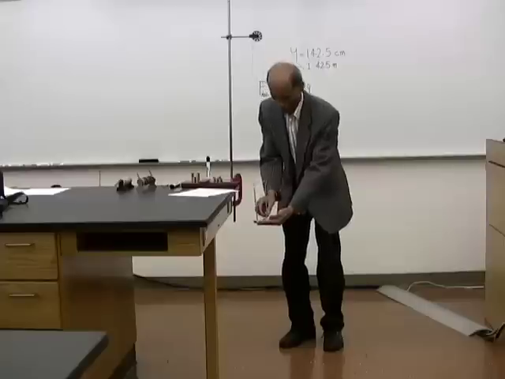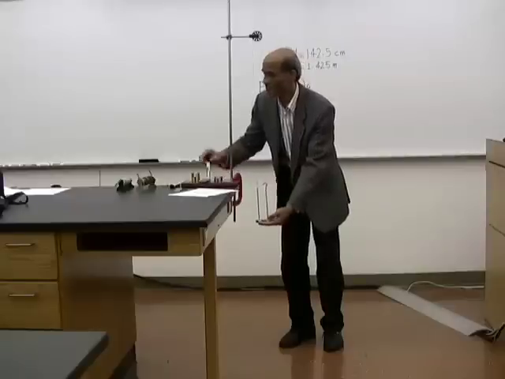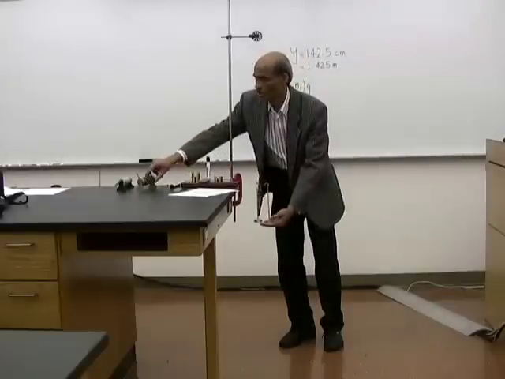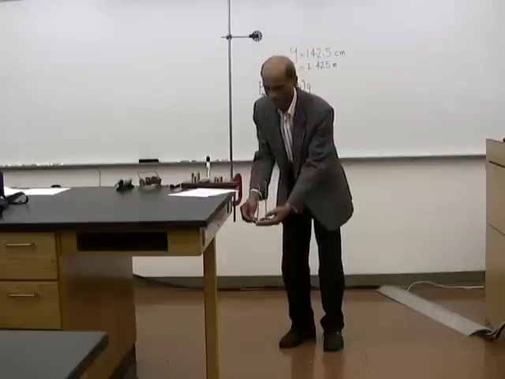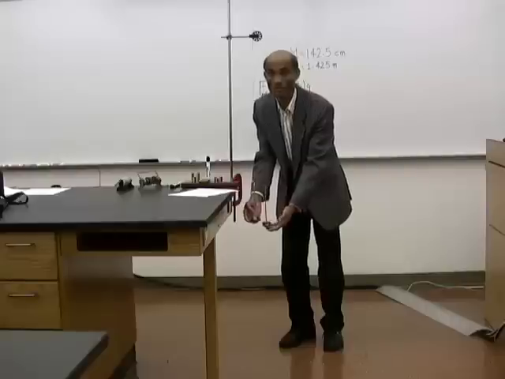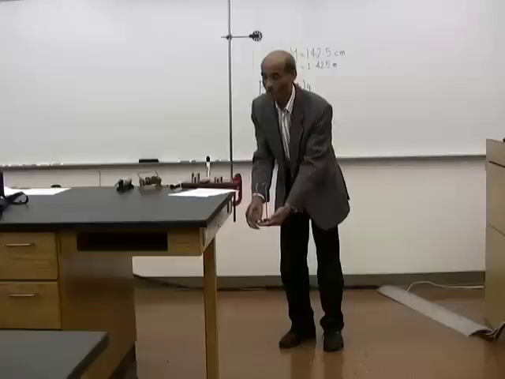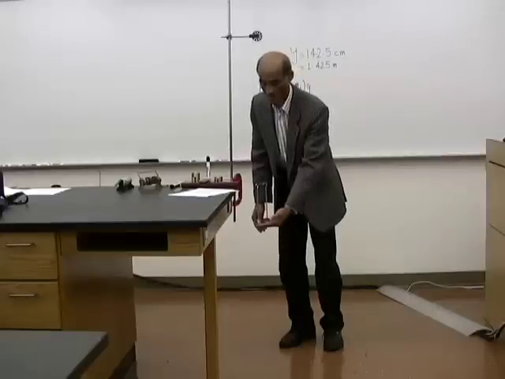Each weight hanger is 50 gram, so I'm going to put in 50 gram each, so I have 100 gram for my M1 and 100 gram for my M2. Add enough mass MF so that the system moves without acceleration.